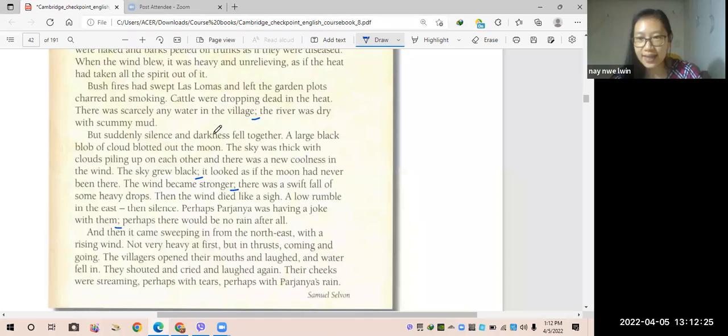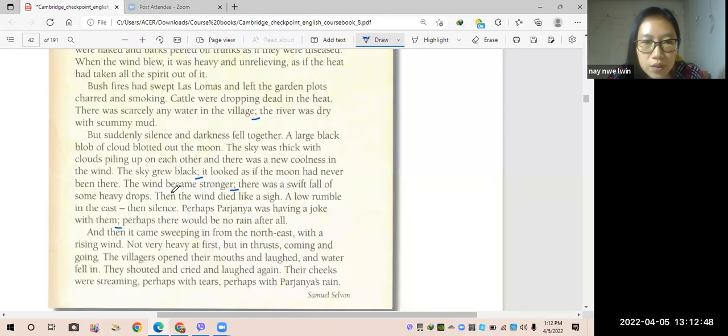You will use and again, right? You can use and, or as I said, besides or moreover, which have the same meaning as and. So "the sky grew black and it looked as if the moon had never been there," because it is adding information, right? So yes, we will use the additional connecting words.